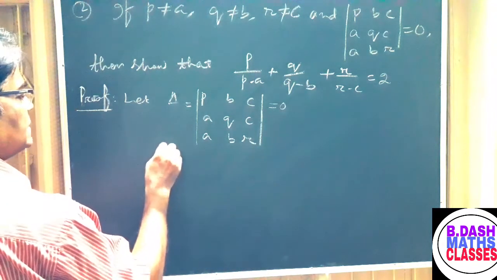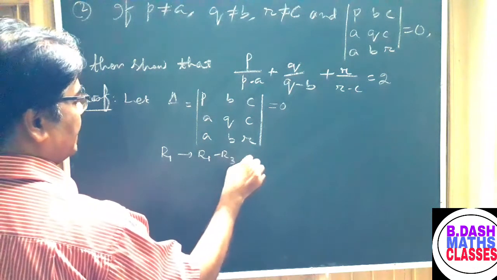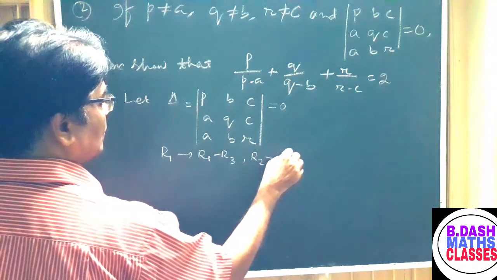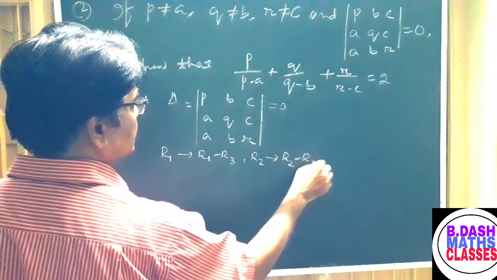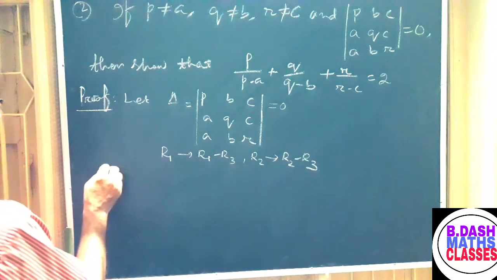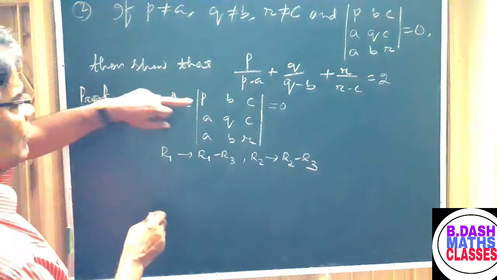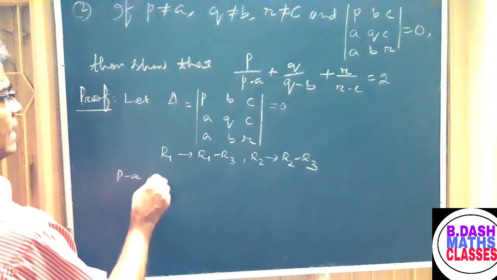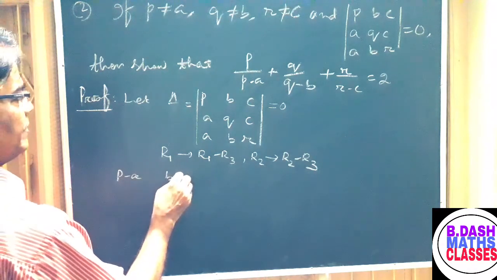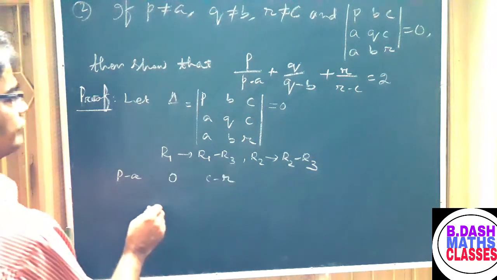Now replacing R1 with R1 minus R3 and R2 with R2 minus R3, we will get this value. R1 is replaced by R1 minus R3, so p minus a, b minus b is 0, c minus r.